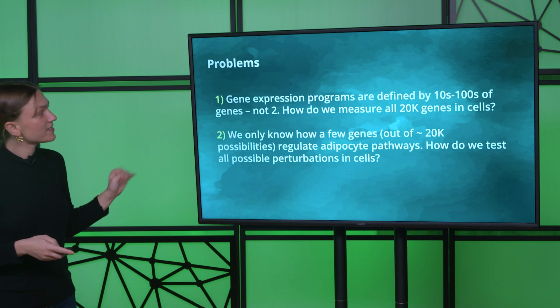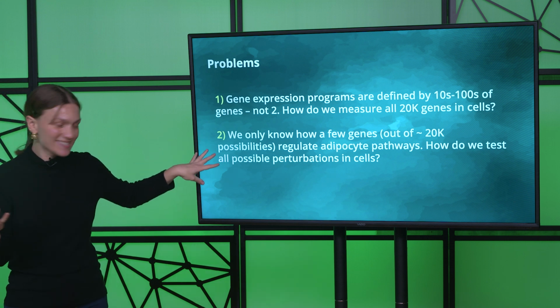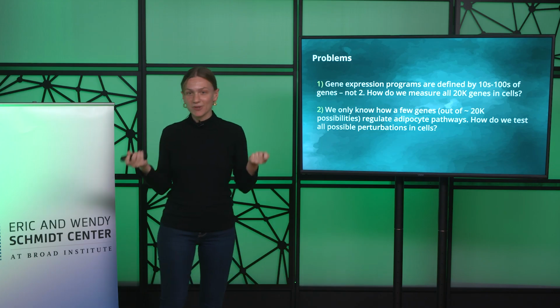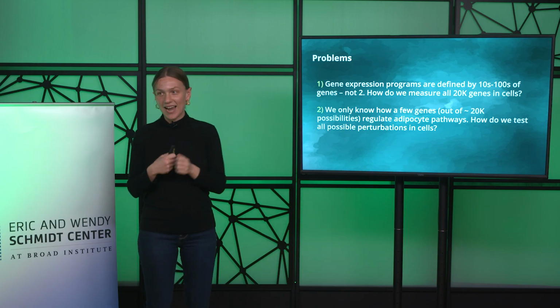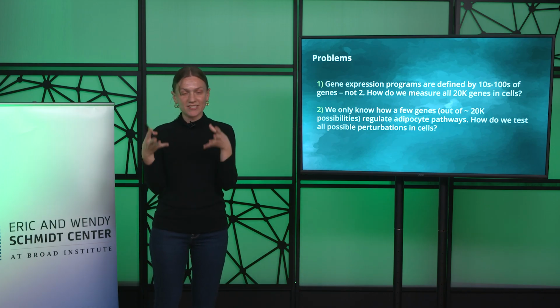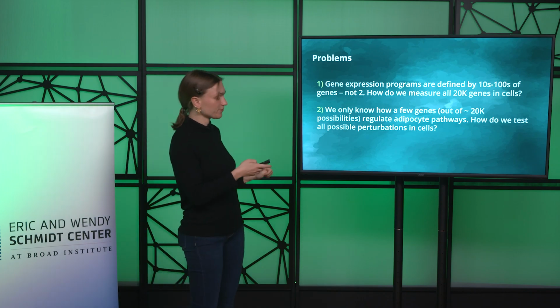But the question is, can we learn what all the remaining genes, out of the 20,000 or so genes in our genome, are doing? If we had a technology that would allow us to delete these other genes and then see what the impact is on the cells, that would really help us towards this goal.